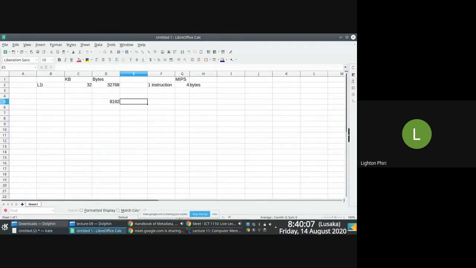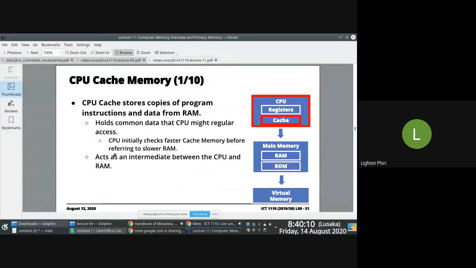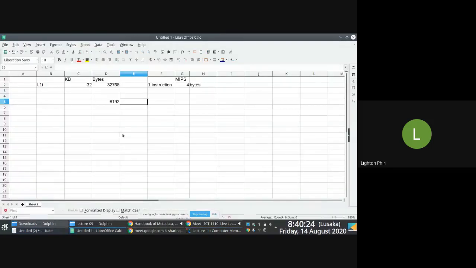I have LibreOffice Calc open. But in all these different instances, all of these things are loaded into RAM and they're being executed to a certain extent. The execution is so fast and there are thousands of instructions being executed at a given point in time. So CPU cache is there to hold the things that are being regularly accessed as I'm interacting with these applications. Is this making sense?